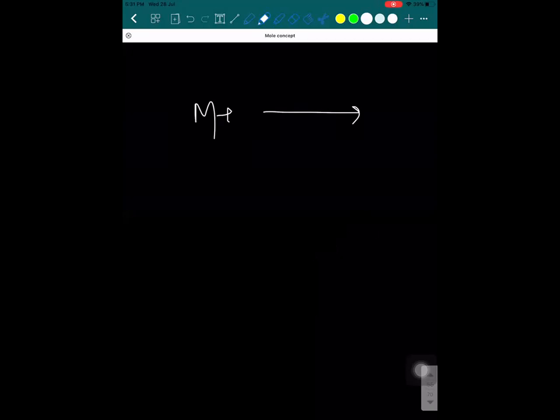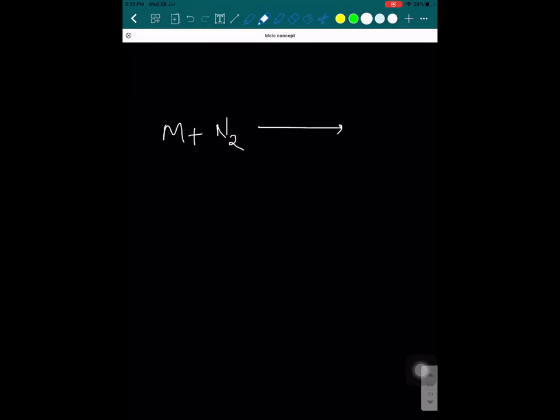Anyway, it's completely fine. So how to make the reaction for this question? Whatever the compound it is forming, when this compound reacts with nitrogen, then only it will give the nitride, isn't it? And it will form M3N2.